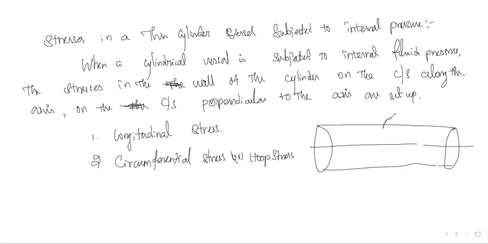This stress will act along the cross section. So if the stress is acting along the cross section, then it will be circumferential stress or hoop stress. If the stress is along the length of the cylinder, then it will be called longitudinal stress. The other name of circumferential stress is hoop stress. So this is the thing related to our stresses.